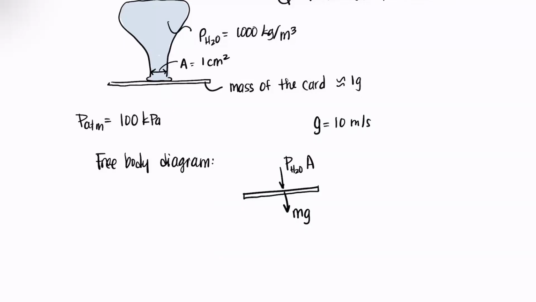All right, and then we also have an opposing pressure from the bottom where we have P atmosphere times A, right? Okay, cool. So let's do our free body diagram in z. We want to do this force balance for the instant that we remove our hand from holding this together.